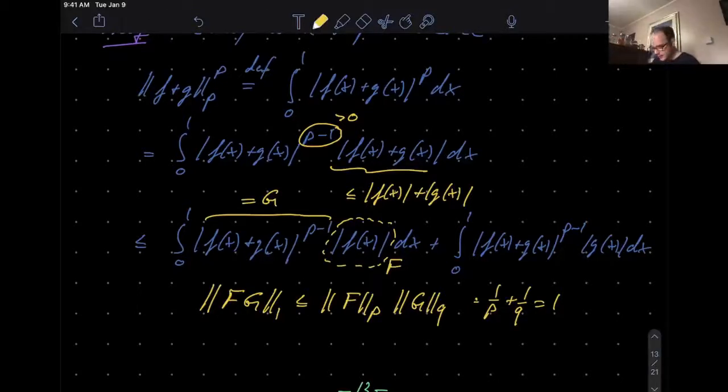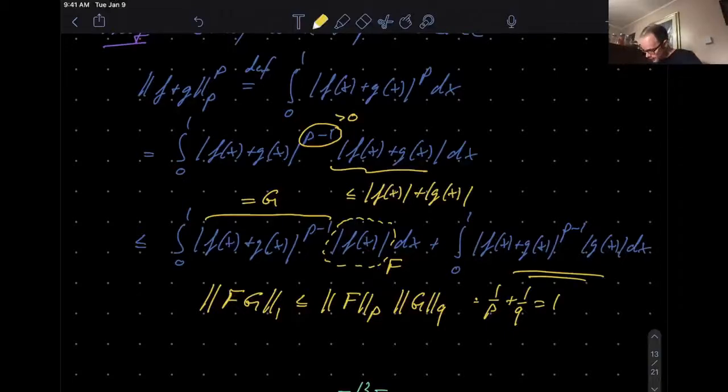A similar thing in the second integral: you take the little g as your capital F, and |f(x) + g(x)|^(p-1) as capital G. Once you do this, what do you get by applying Hölder's inequality?